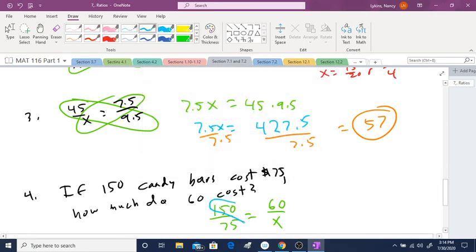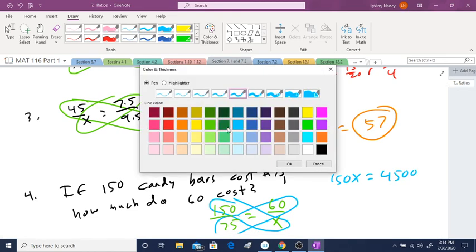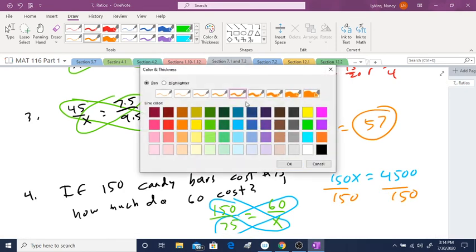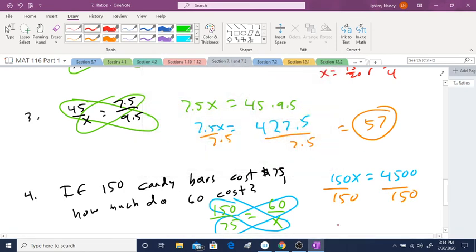Now what we do is take 150 times x, and then 75 times 60, which comes out to be 4,500. Divide by 150, and you should be able to get 30 candy bars.